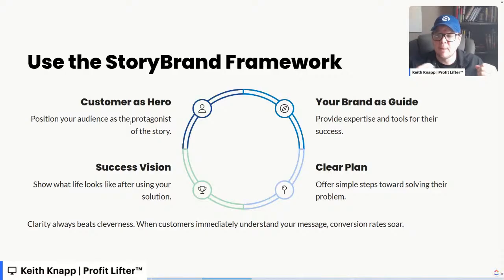Here's what it looks like by using our clear 3-step process to getting all the funding you need, 3-step process to growing your brand with Profit Lifter, 3-step process to booking your dream vacation. Whatever it is, you're showing them that success, what it looks like, what it feels like to actually achieve that goal. And when you're talking about that success vision, you shouldn't just be talking about the tangibles, like, oh, you'll have $10,000 cash in your pocket.